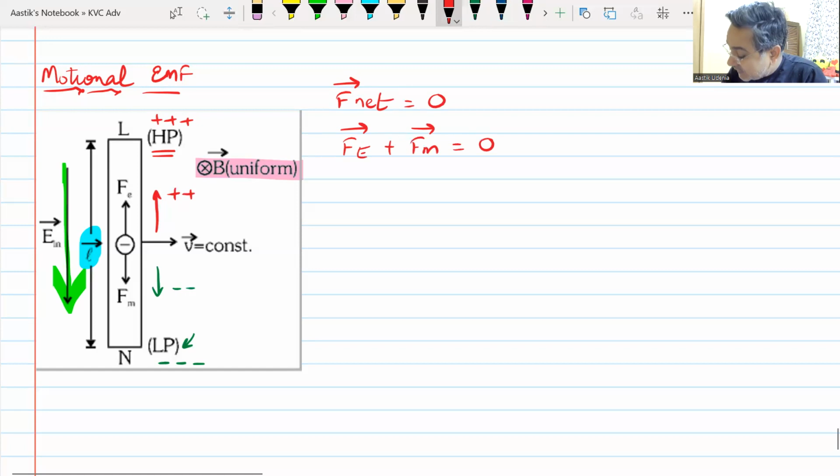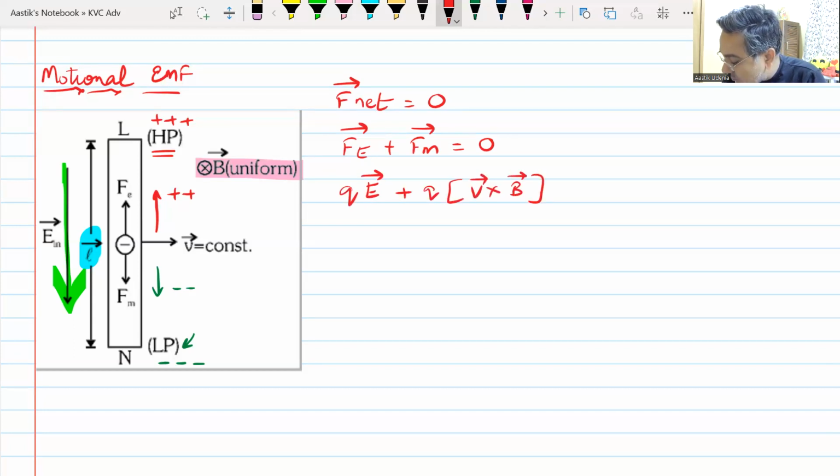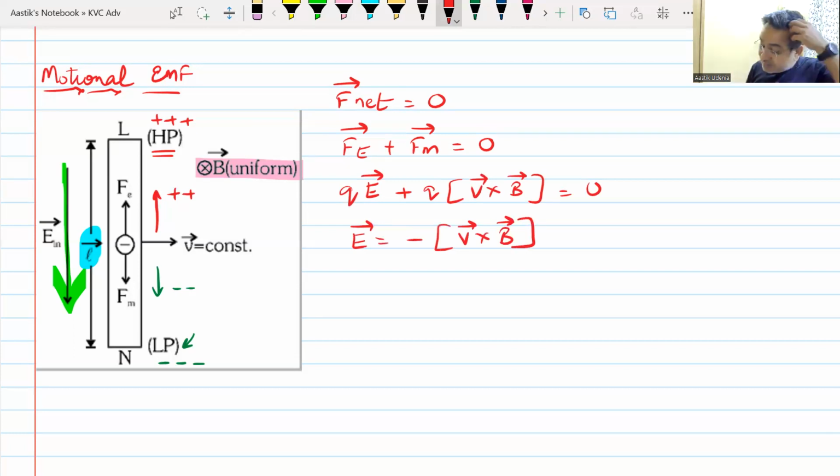That means if I write it, Q into E is the electrostatic force plus Q into V cross B is the magnetic force. That becomes equal to zero. Or an electric field is formed, and this electric field is equal to minus V cross B. Yes or no? Minus sign indicating that this electric field will be opposite to V cross B. Do we understand this?